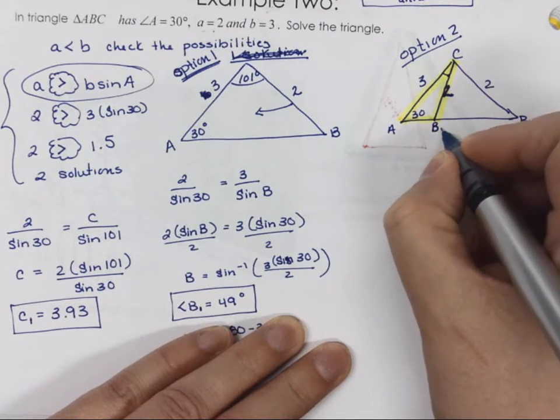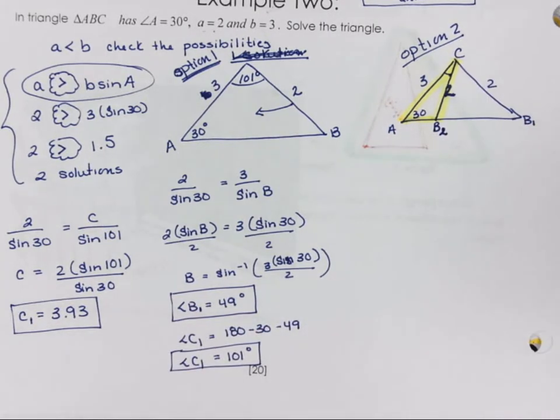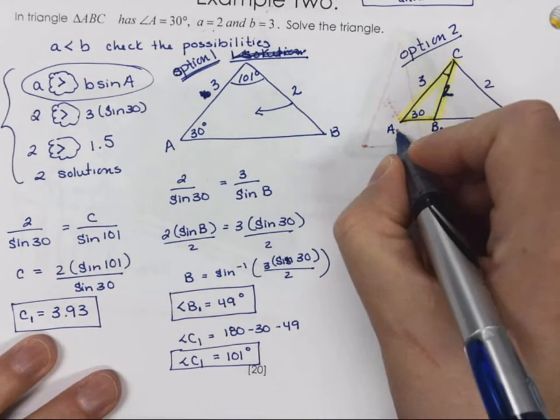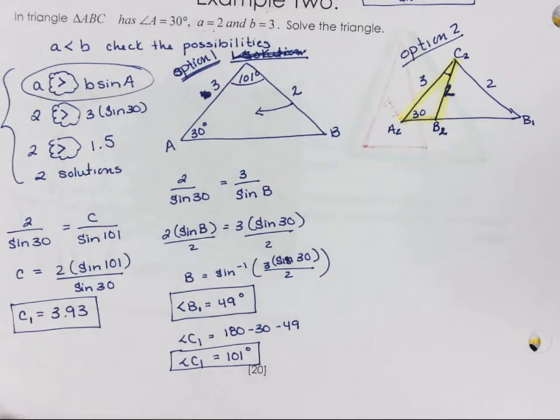So angle A stays the exact same. Side A stays the exact same. Side B stays the exact same. If you don't label your triangle the way I'm showing you how to do it, you're going to end up, if you put B down here, this arm swings in. How can this be 3 and that be 3 as well?